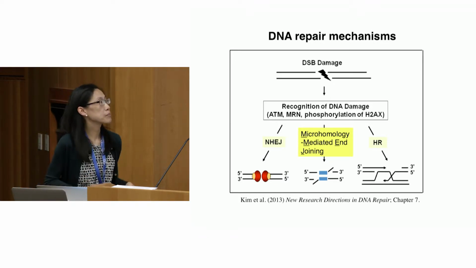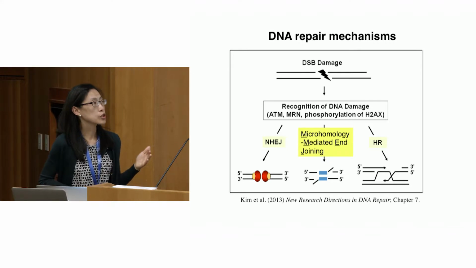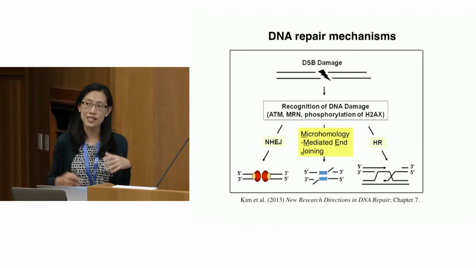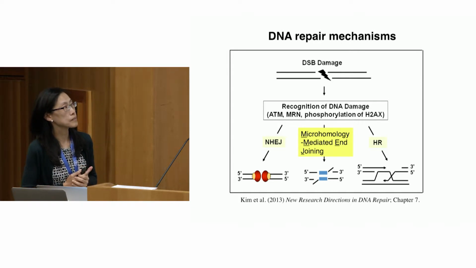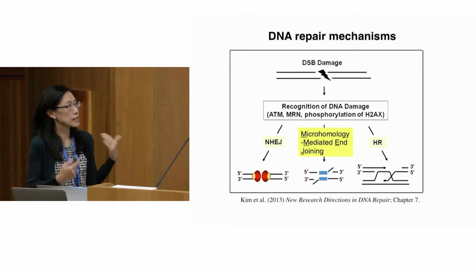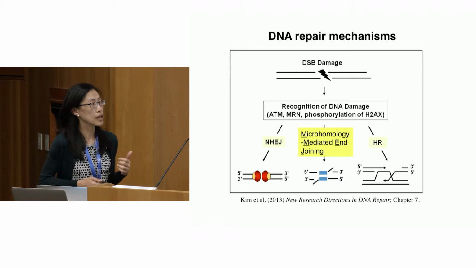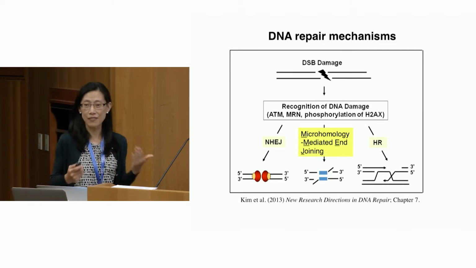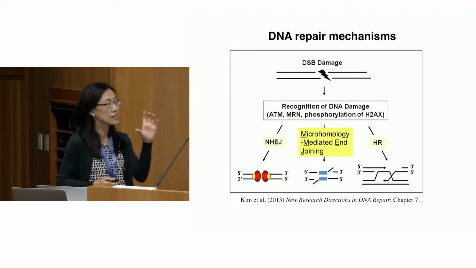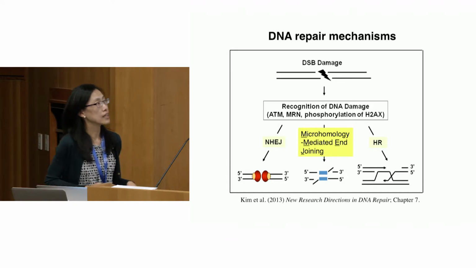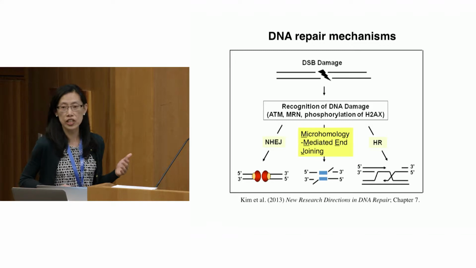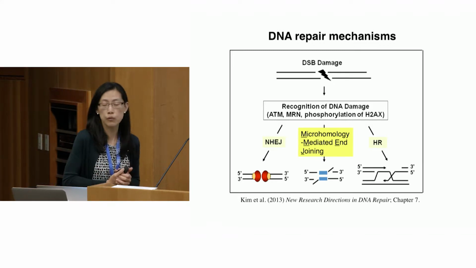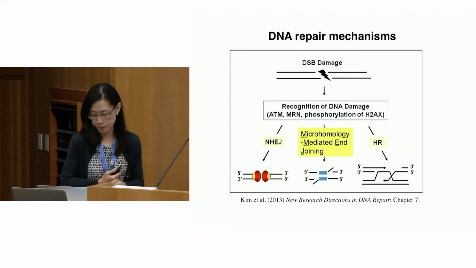This is possibly because in early zebrafish embryos, cell divisions happen so quickly that it is likely the HR DNA repair mechanisms are not very active at that very early stage. And in contrast, NHEJ and MMEJ may be the dominant DNA repair mechanisms.